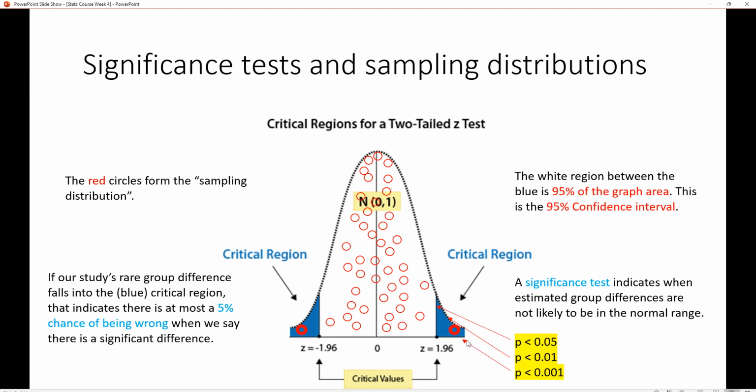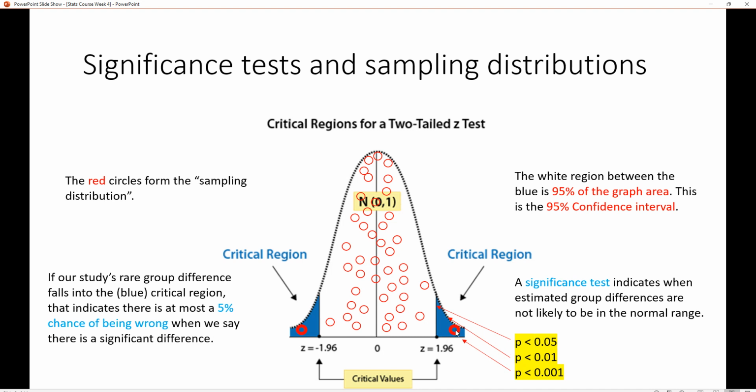And that would be right in the far end of that blue region. There would be very few times we'd see something that high or a group difference that strong. And so we use this to indicate that something's very, very rare. And we'd say there's a 1/10 of 1% chance of seeing something that high, and for us to call it significant and to be wrong about that.